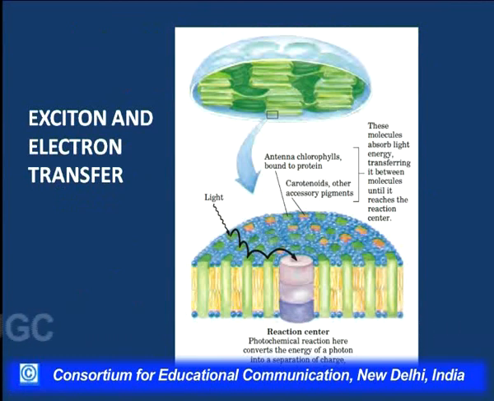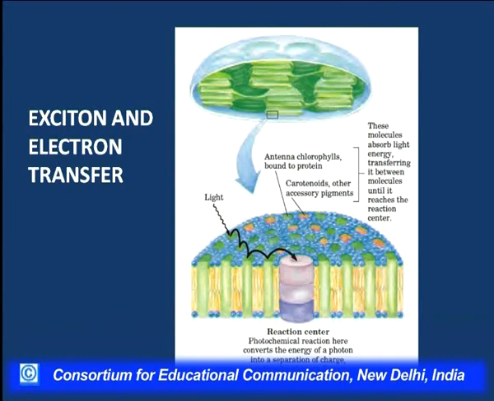If we look at how the whole process of excitation takes place, this is one of the most interesting and intriguing aspects of the photochemical reaction, which is called the exciton transfer, or the electron transfer.